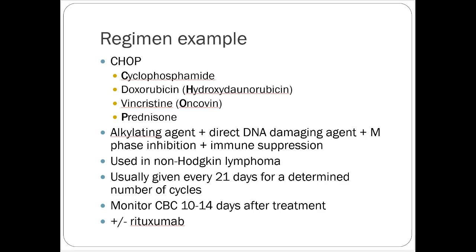It's usually given every 21 days for a determined number of cycles, and you monitor your CBC for 10 to 14 days after treatment, plus or minus rituximab. Sometimes CHOP adds on rituximab as well. Remember, rituximab can work with certain types of leukemia and lymphomas to decrease the body's overexpression of those tumor cells that are causing increases in blood dyscrasias.